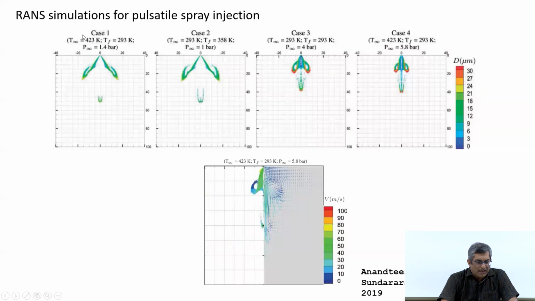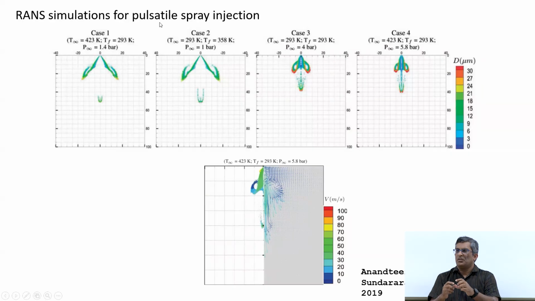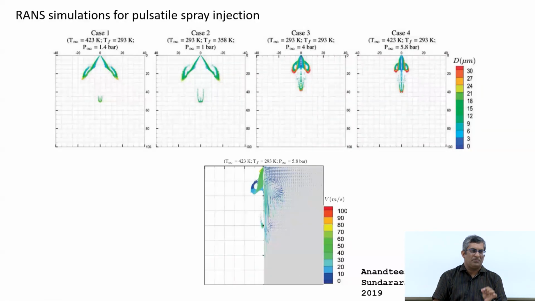This one is an example of RANS simulation for pulsatile spray injection. This kind of pulsatile spray refers to the spray which occurs for finite period of time, for example in IC engines. In this case the simulation is performed for a gasoline direct injection system, GDI injector.